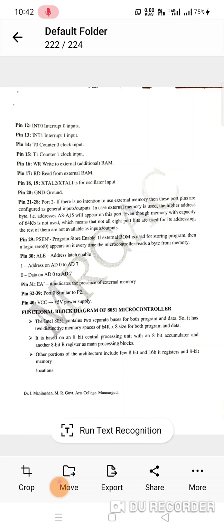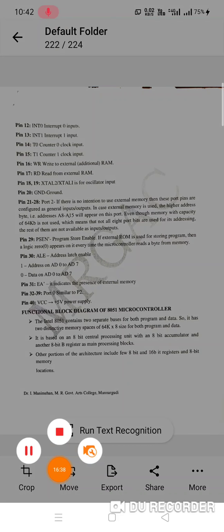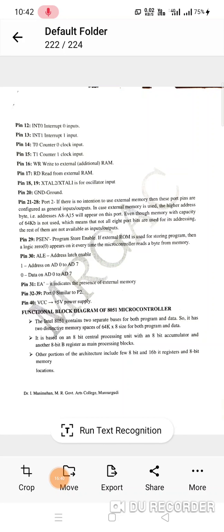Clear? And pin number 40 is VCC. VCC is the 5 volt power supply. This IC is operated on a 5 volt power supply only. Right? So let us see the block diagram.